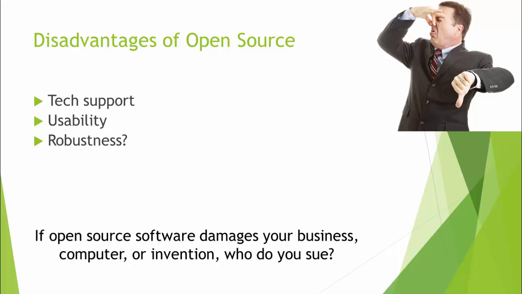And the answer is you can't. So you're accepting all the liability for the way that software behaves on yourself. Now, if none of these things are a concern to you, open source may be the right kind of software for you.